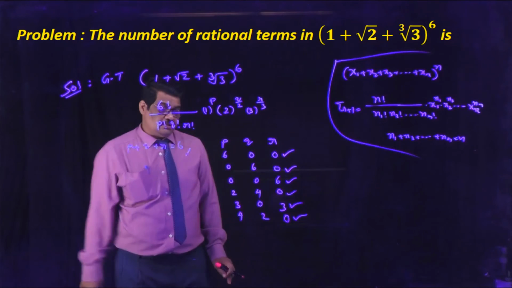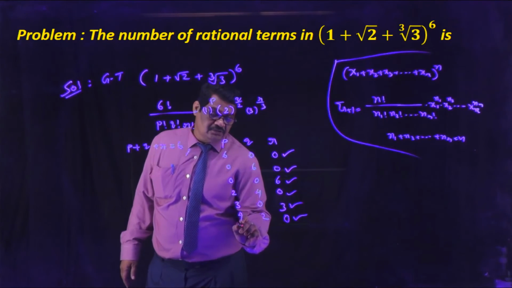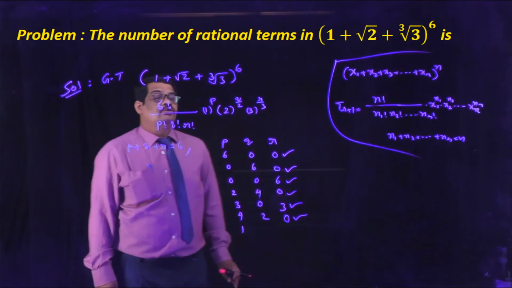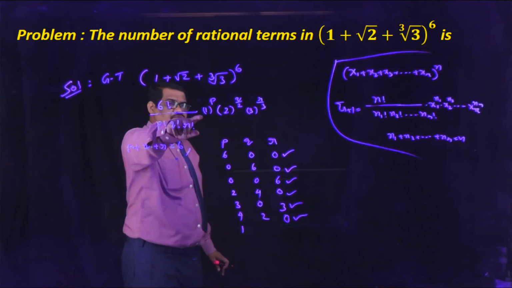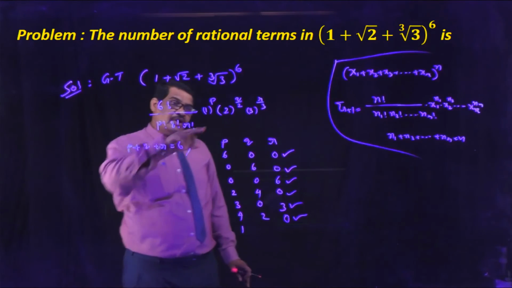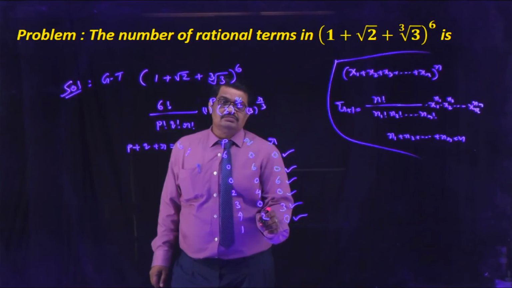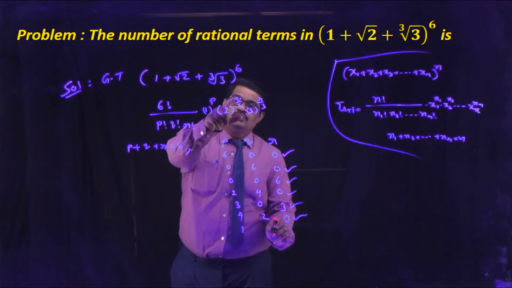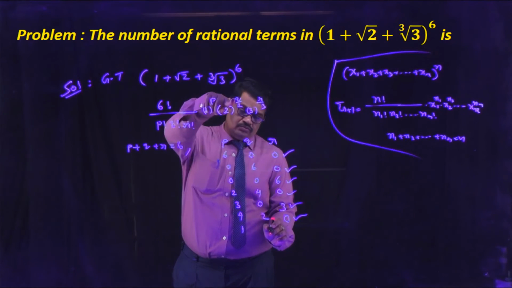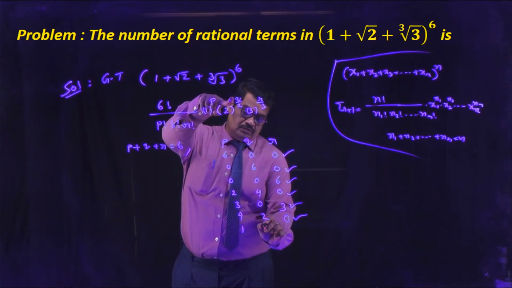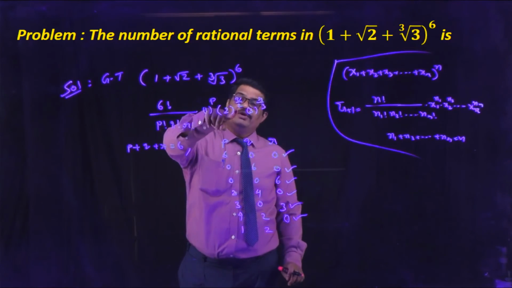Whatever other chance: if we take p is equal to 1, that is 1 power 1, that is an integer. Now the other is 2, only 2. If we take 2, then 2 by 2 is 1.